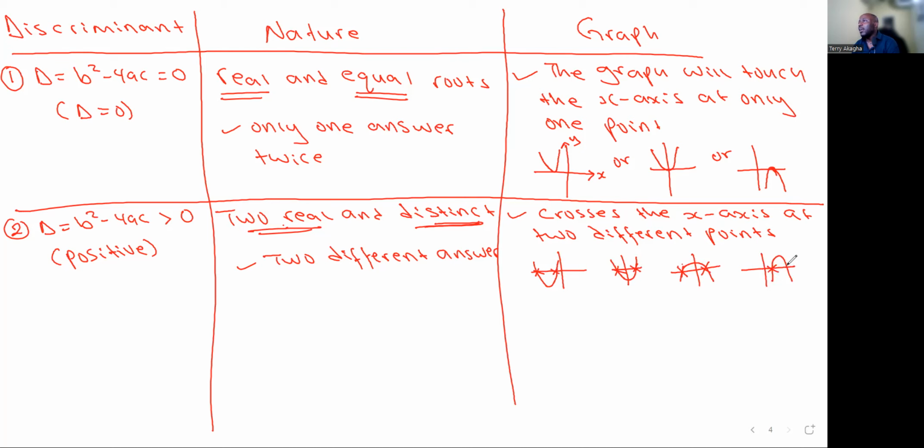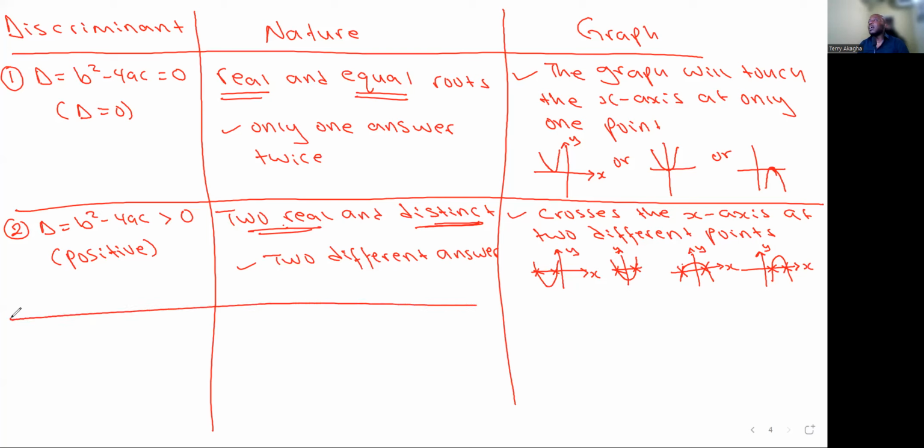The graph could look anyhow. But the key thing that you notice is that when it's crossing the x-axis, this is the x and this is the y, okay? This is the x-axis, and that is the y-axis, all right? So what you notice is that it's crossing at 2 different points, okay?